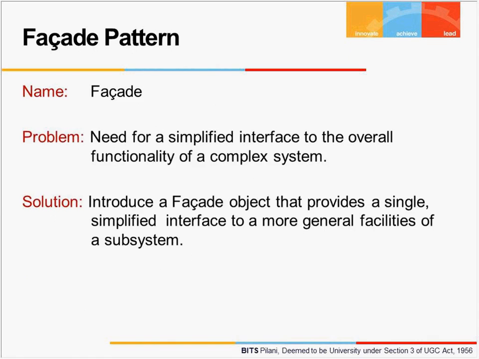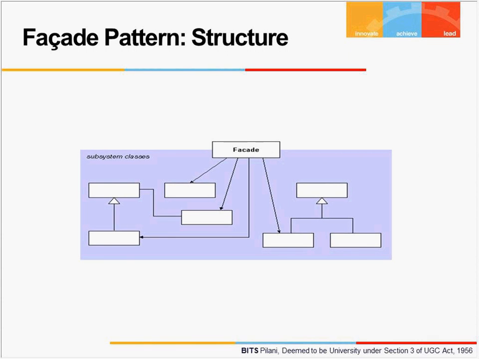Right? I'll show you the diagrammatic representation for this particular pattern. So it looks something like this, right? So this is my facade object that is created here, and it is responsible for accessing all the subsystems, right?